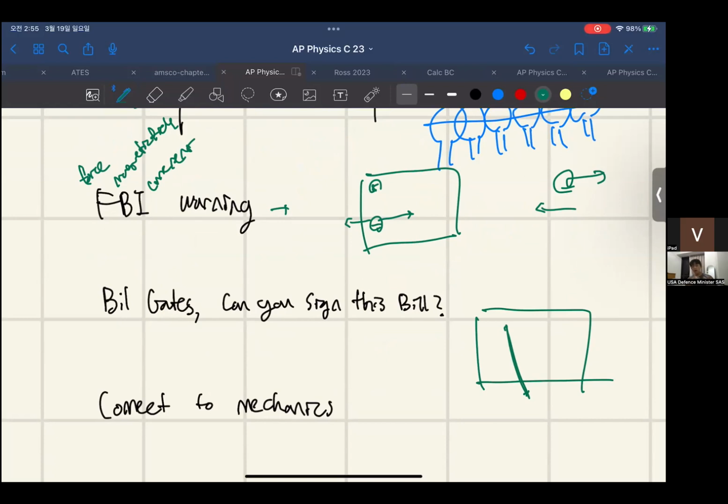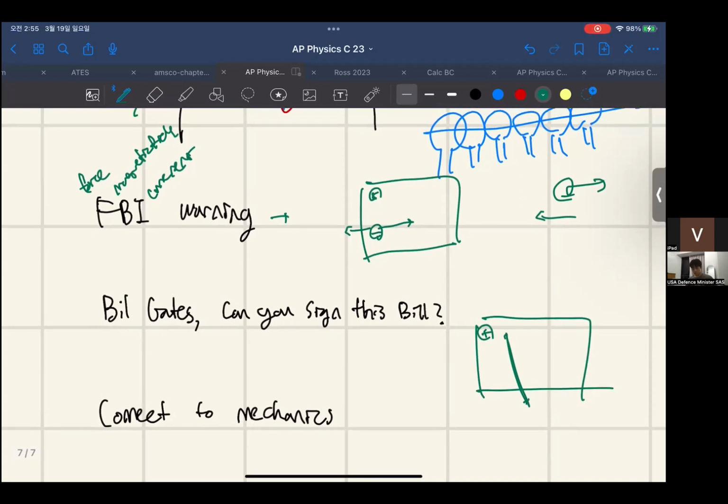So if a particle moves and gets force induced, of course, the numerous particles inside the wire moving would also get force induced. Thus, it's obvious that if you have a wire in a magnetic field, then of course the wire would also be induced force. And that force induced can be calculated under the formula F equals Bill Gates, can you sign the bill?